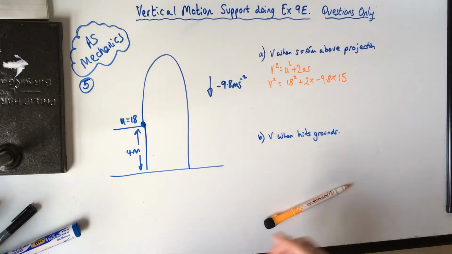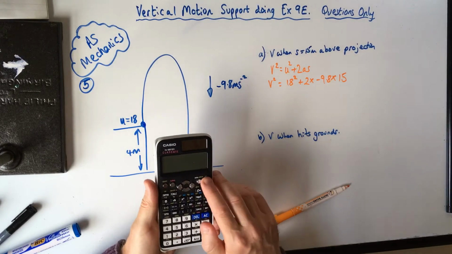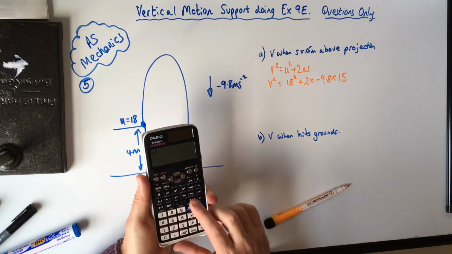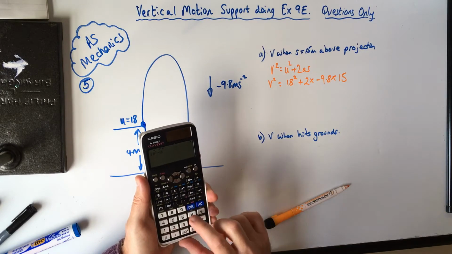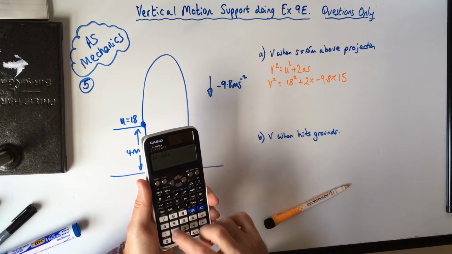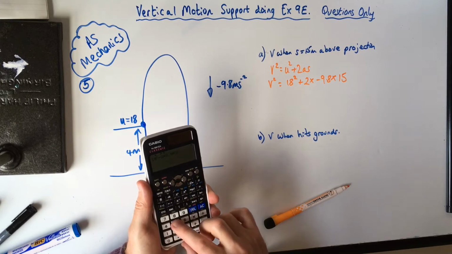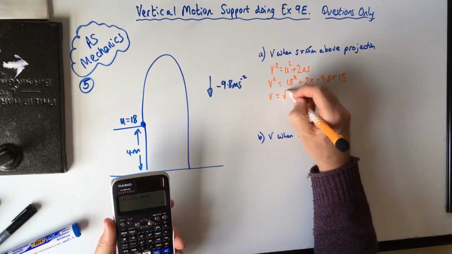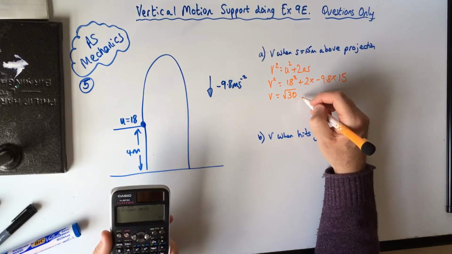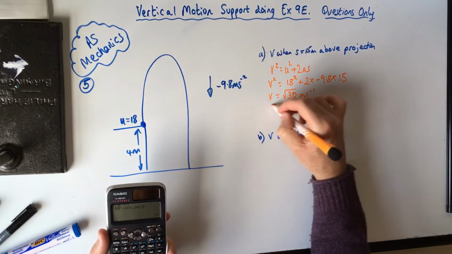I'll just do this one for you. So all of that typed in would be 18 squared minus 2 times 9.8 times 15. I've got my minus in, and it's 30. So v is equal to the square root of 30 meters per second.